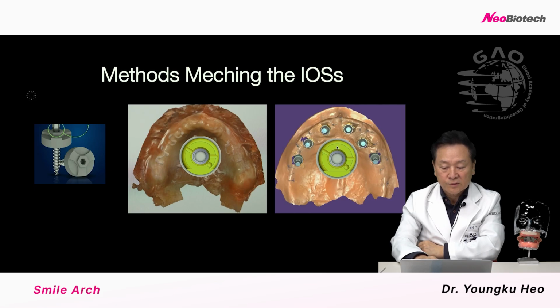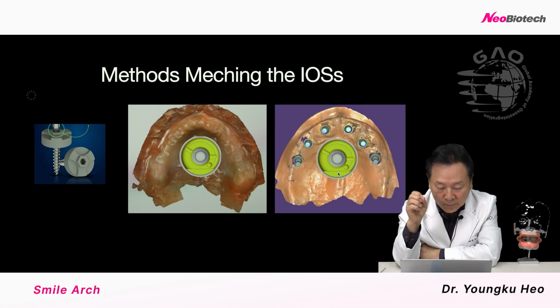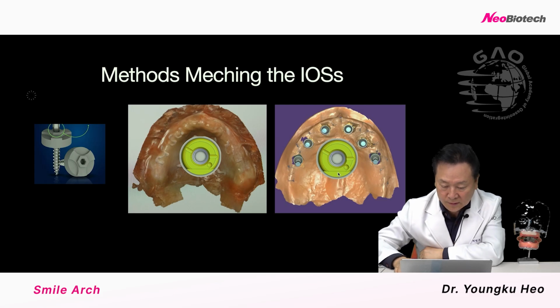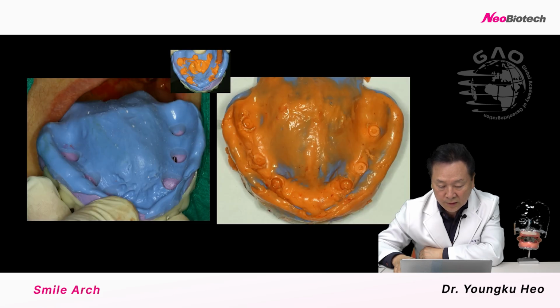Then after surgery, we put the same scan body in the palate and scan all together so that we can match them. I think this is one of the good ways to match together.